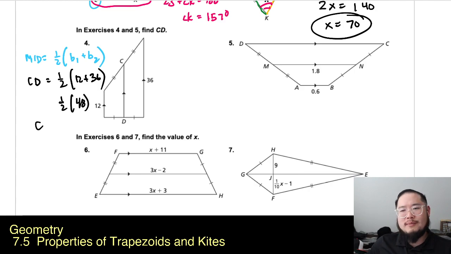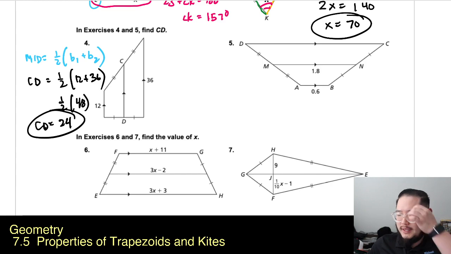Next up, looking at number 5. I can see right here on number 5, the bases, the top DC and AB, give us some information, but not all of it. What's unknown is this D to C right here. We don't know what that base is, but we have our equation, right?